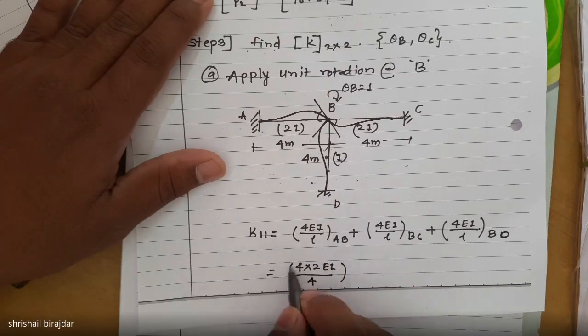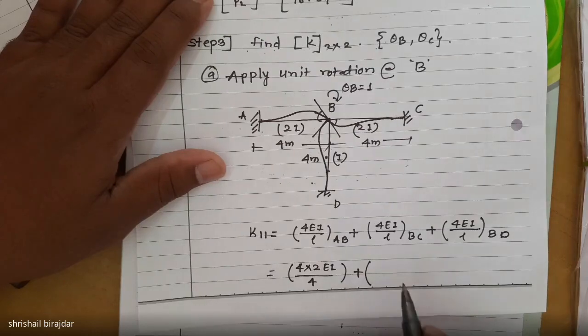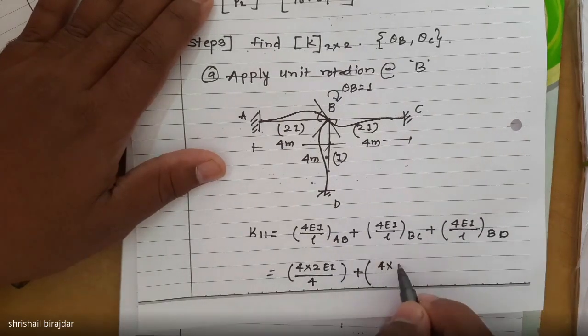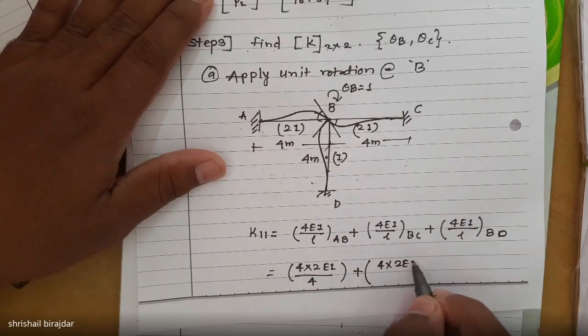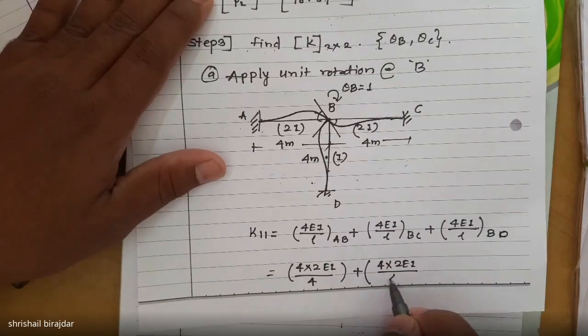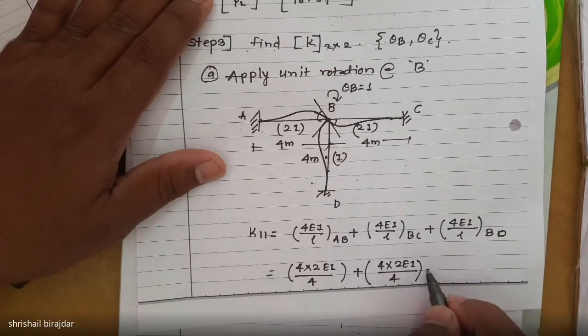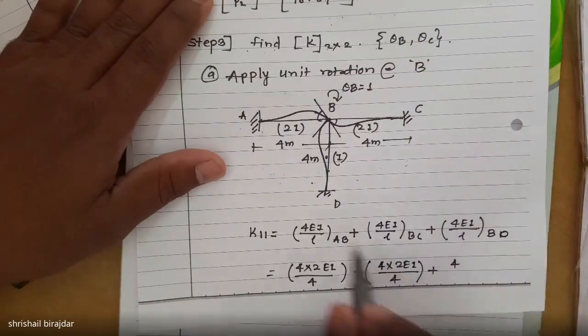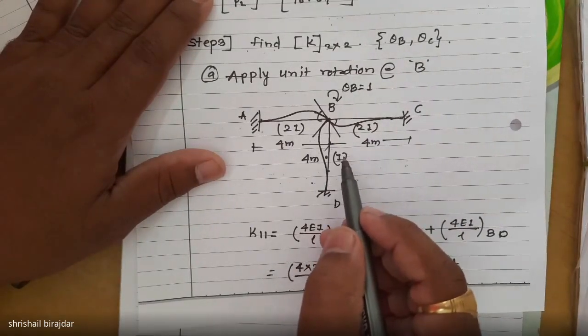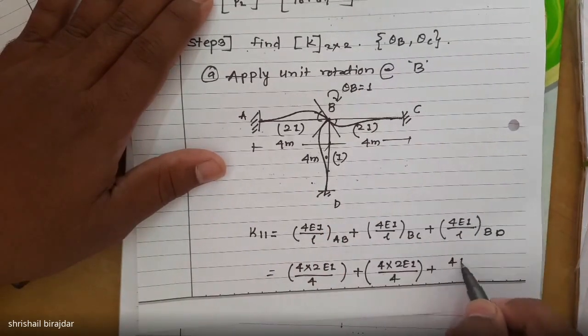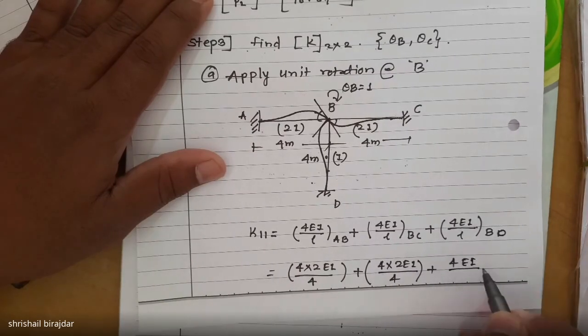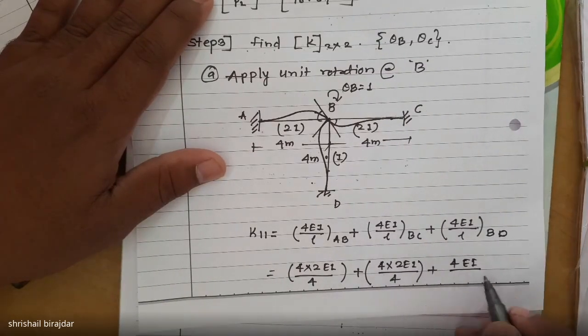Plus here 4 multiplied by 2 EI divided by L, again it is 4. And here it is given as only I, so take the moment of inertia as I, and again this is 4.